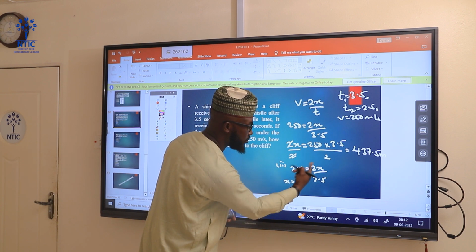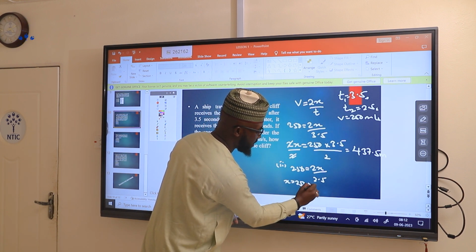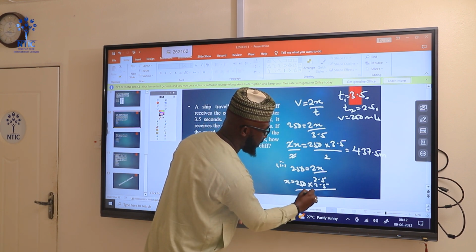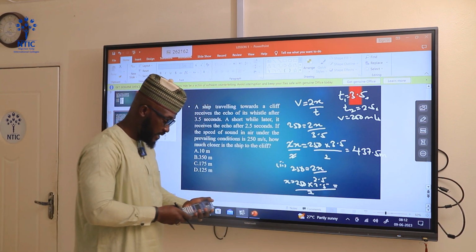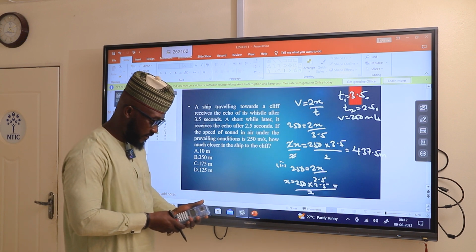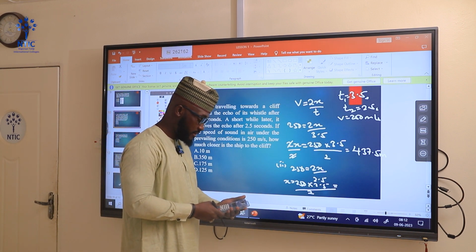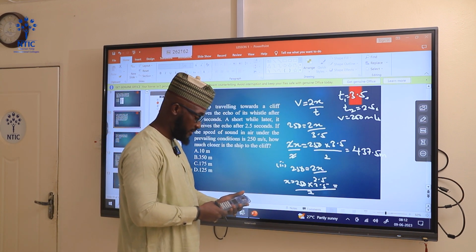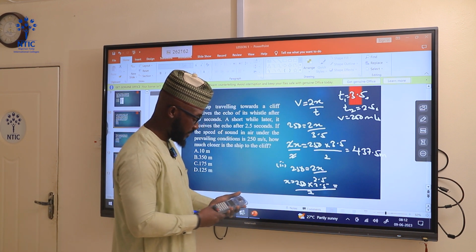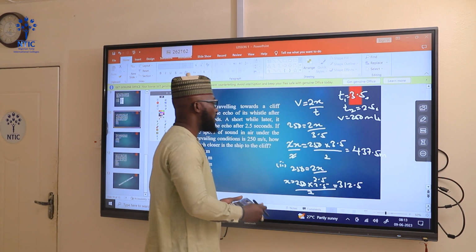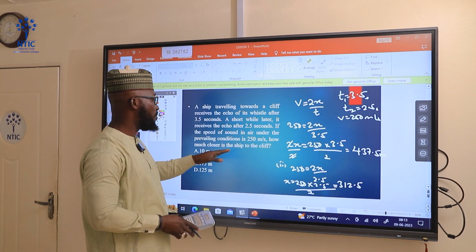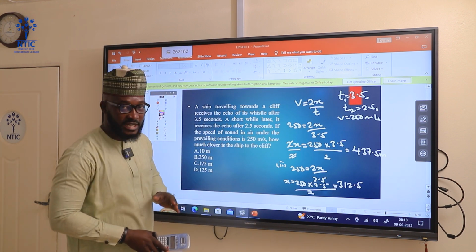So x will be equal to 250 times 2.5 all over 2. So here we have 250 times 2.5, we have 625 divided by 2, and that will give us 312.5.